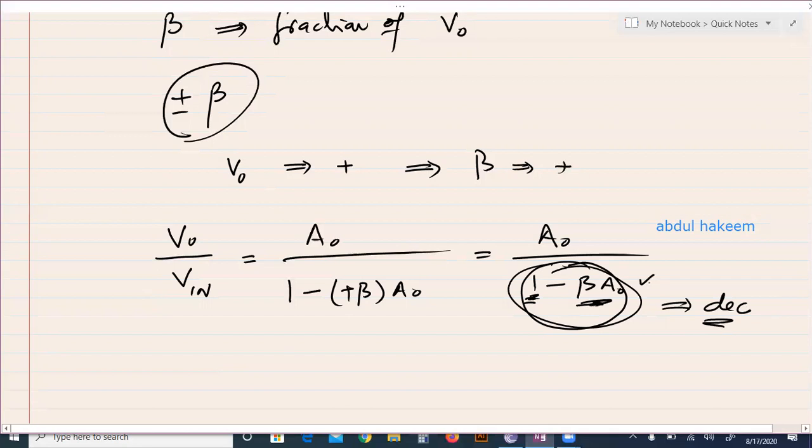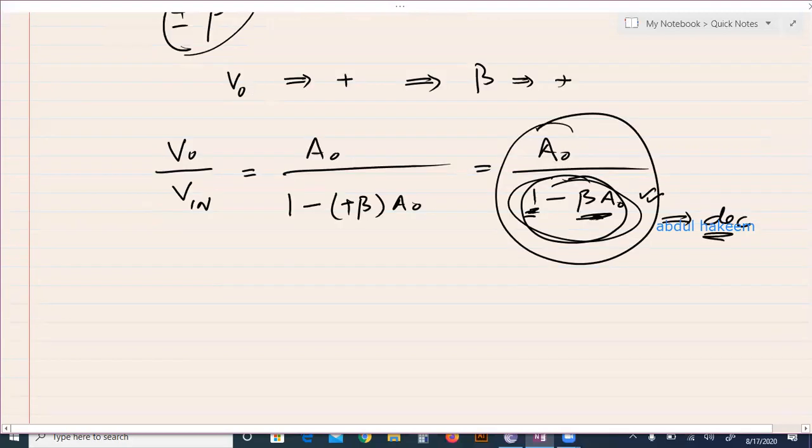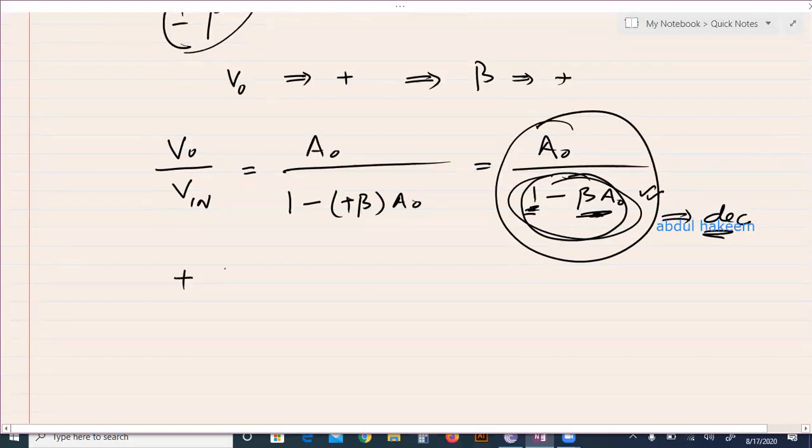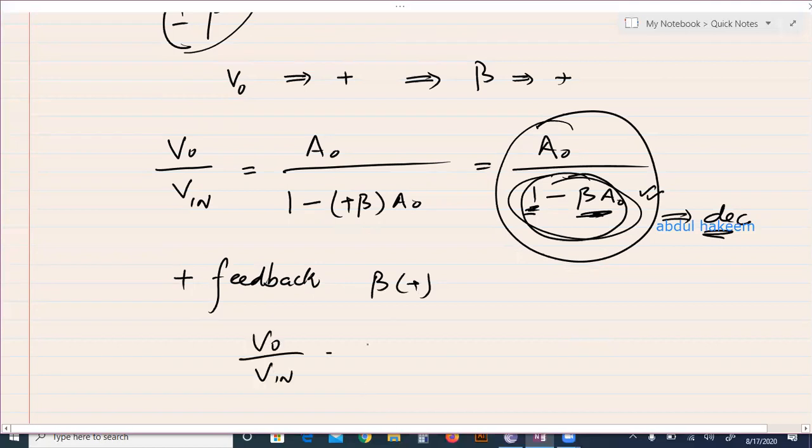When the denominator decreases, the whole fraction increases. It means with positive feedback, beta positive added in the input, output divided by input, which is the gain, also increases.